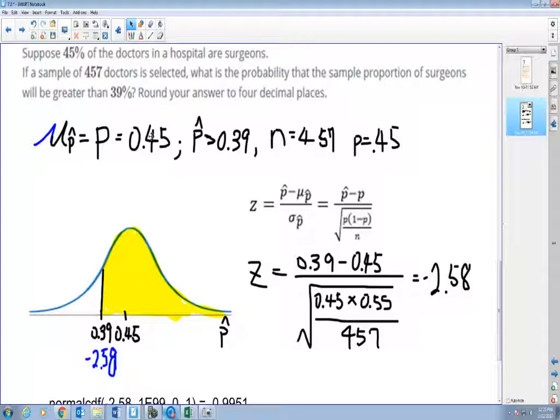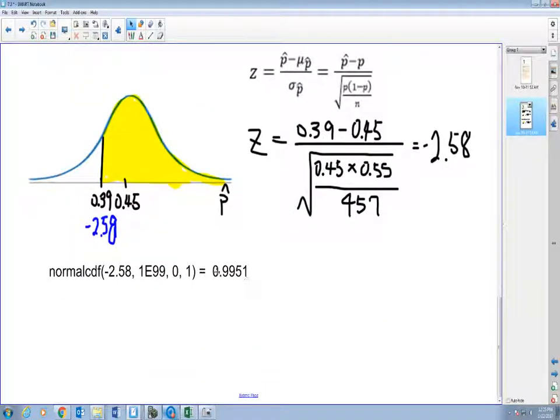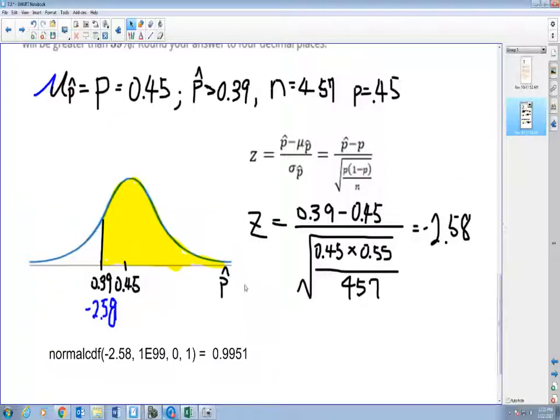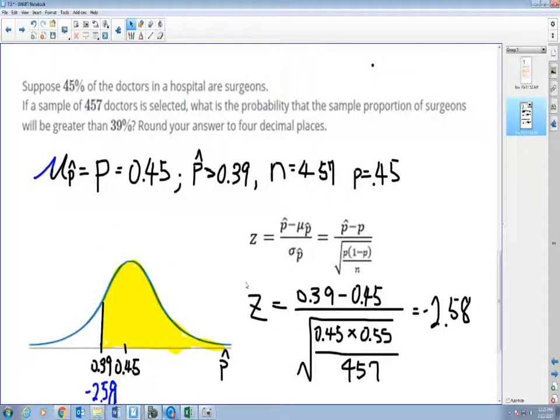So that means that how many percent of the doctors I sampled are surgeons, it will be greater than 39%. My chance is 99.51%. Okay. Alrighty.